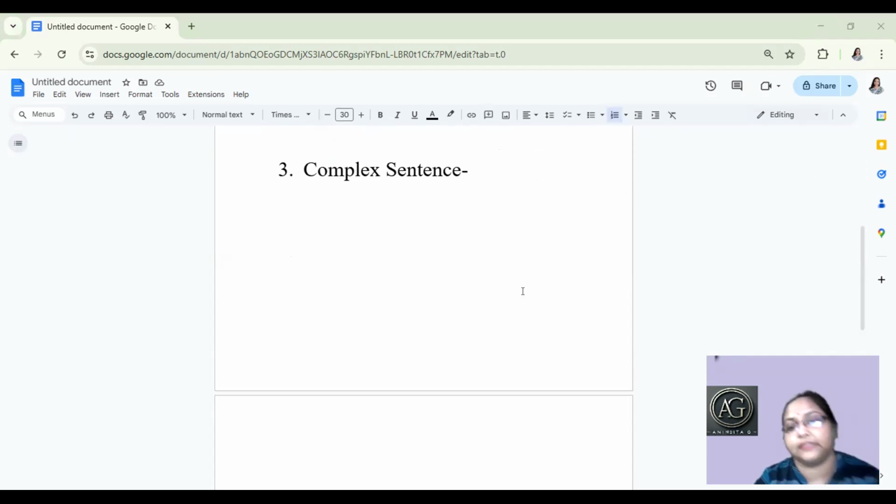The complex sentence will have one independent clause and at least one dependent clause. So a dependent clause cannot stand alone. It needs an independent clause to make sense.